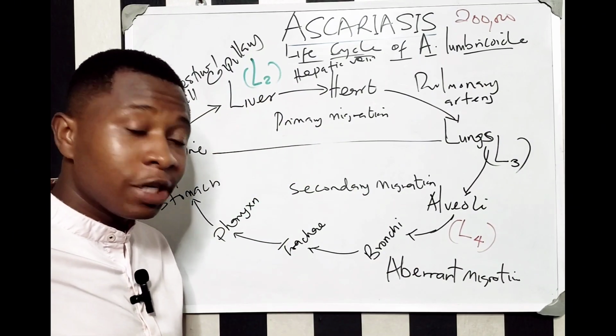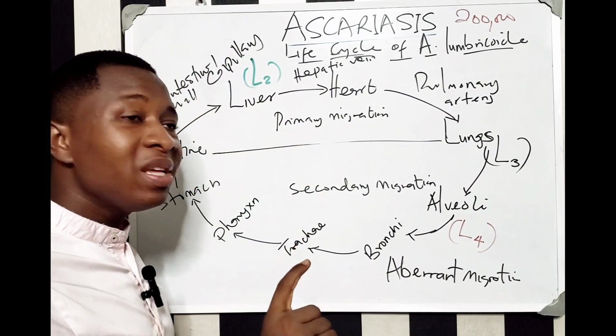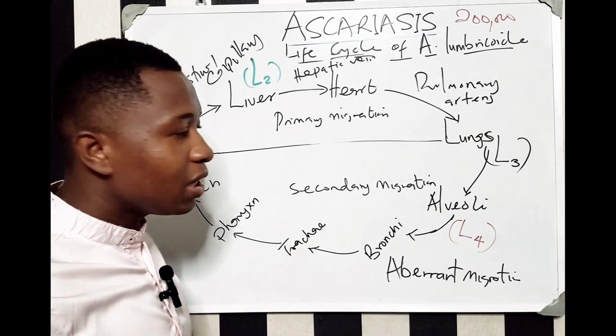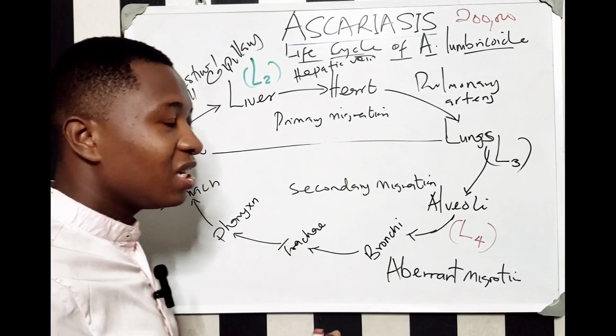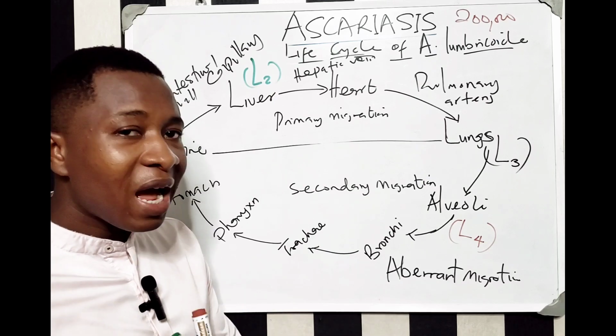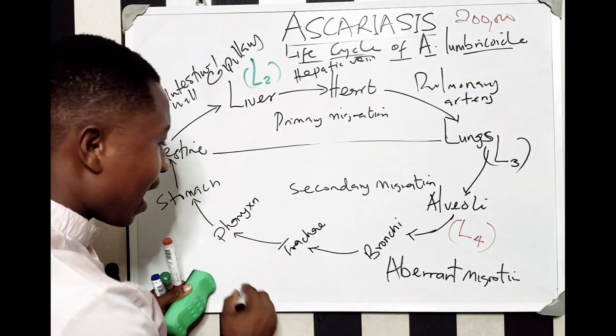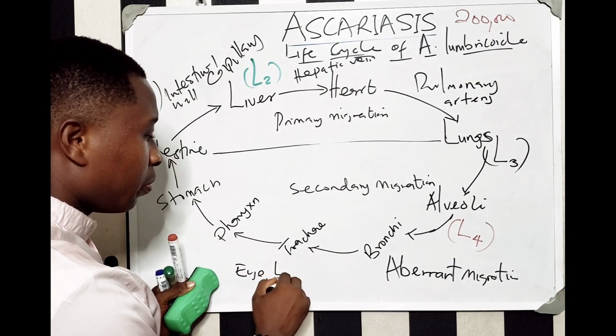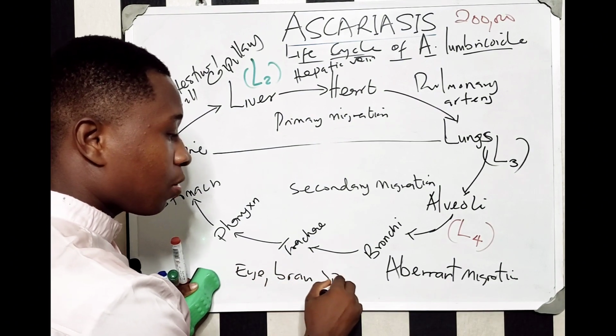Now, in the aberrant migration, the worm misses its route. Instead of moving through this route, it goes into other organs, like the eye, the brain, and maybe the spinal cord.